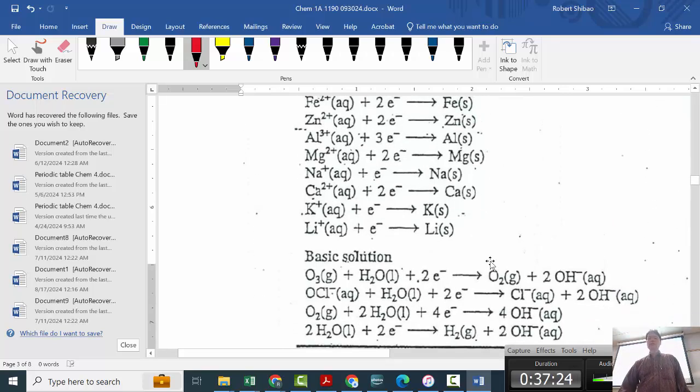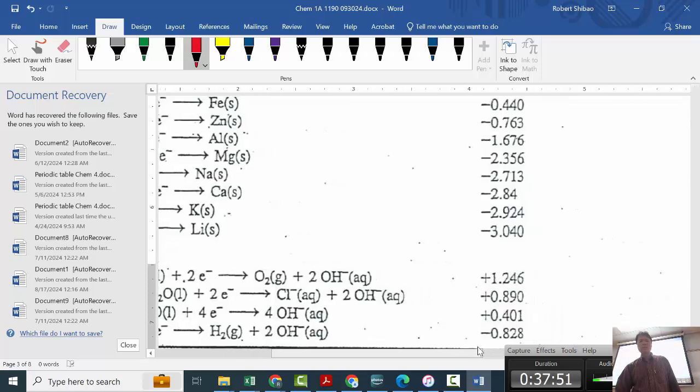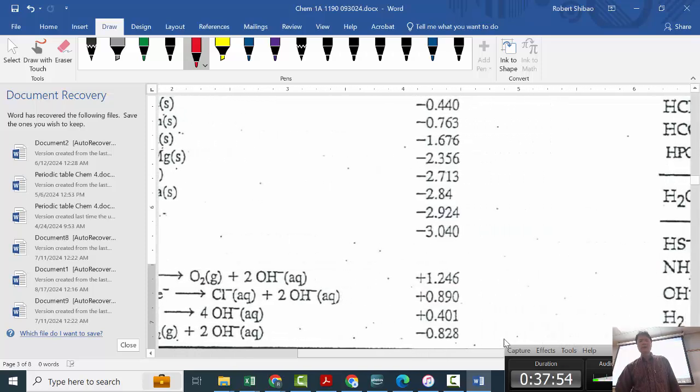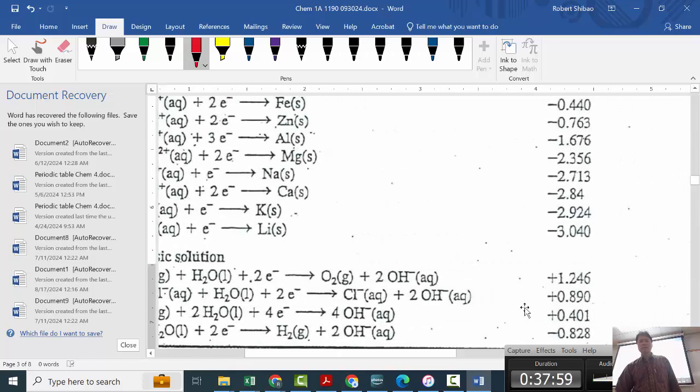Okay, let's start off with the reducers, going from the strongest. There's some others. These are basic. So we see ozone again. Hypochlorite is there. The reason they put it in a separate table is because these ones often require acid. These ones require basic solutions. And so hypochlorite's bleach. Bleach is a good oxidizer. Where do we position bleach as an oxidizer? A lot of people bleach their clothes, bleach a whole bunch of other things. I saw some bleach art.